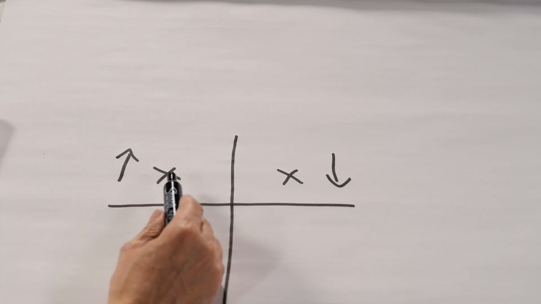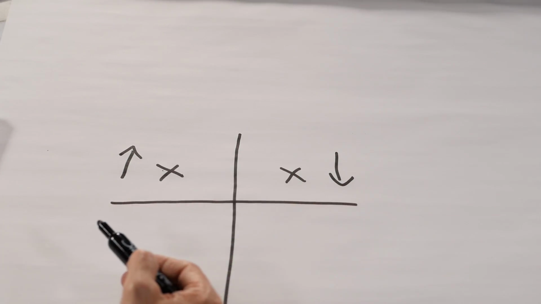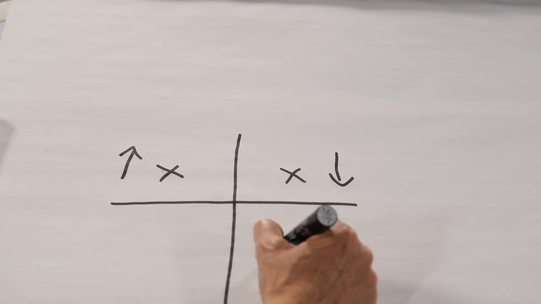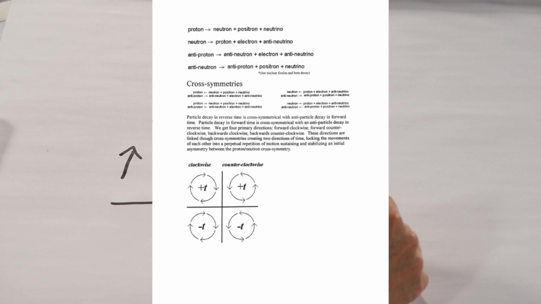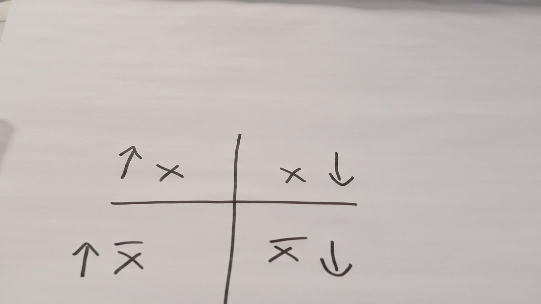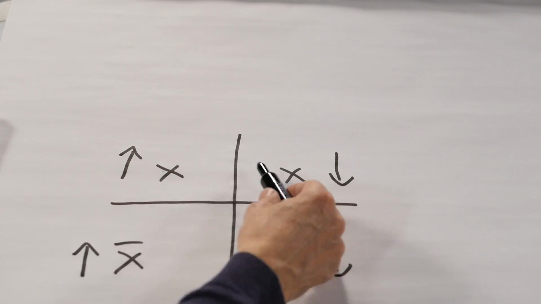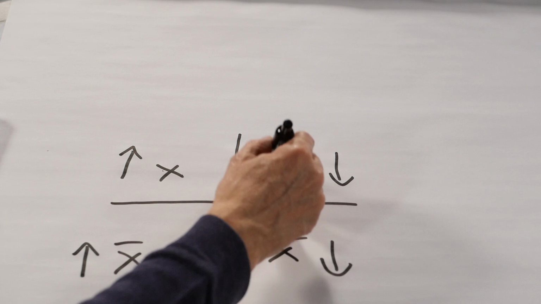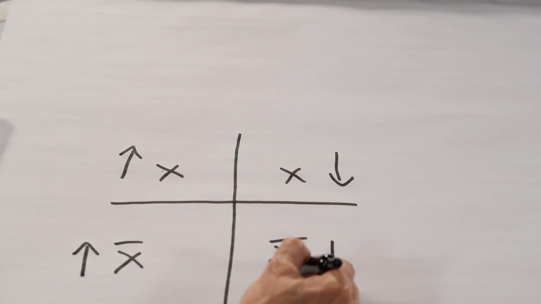So these two states zero out. Or the reverse, something anti coming out and something anti going back in. So these have a cross-symmetrical relationship. If I reverse this one, it's equivalent to that, or if I reverse this one, it's equivalent to that.